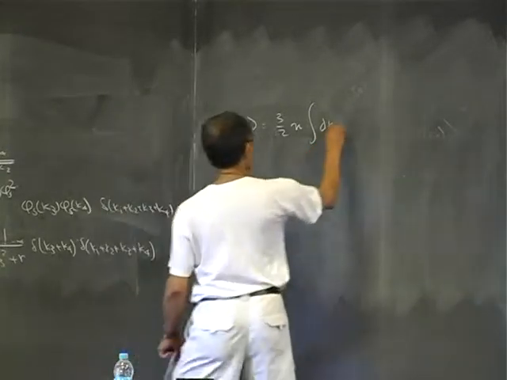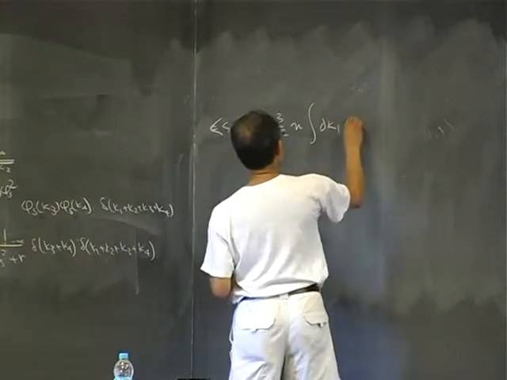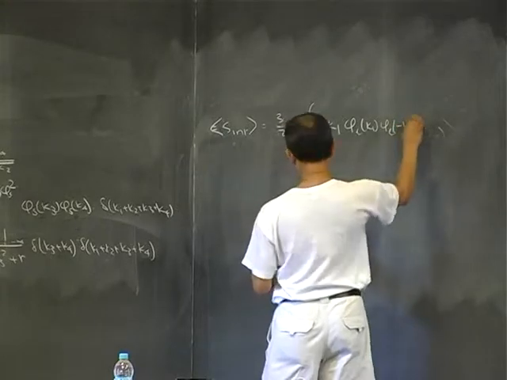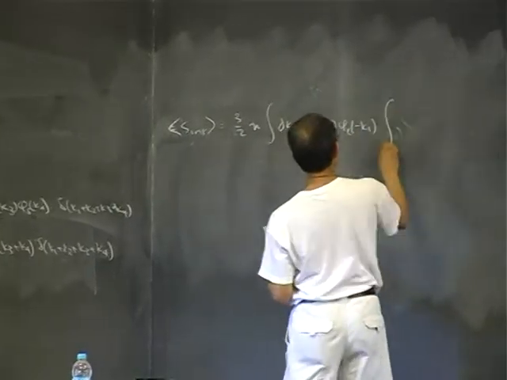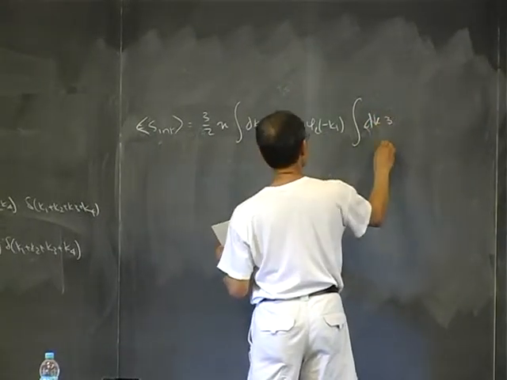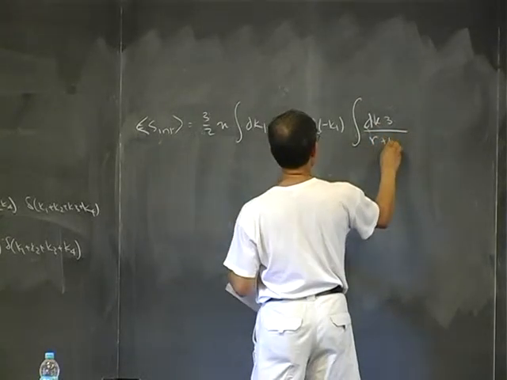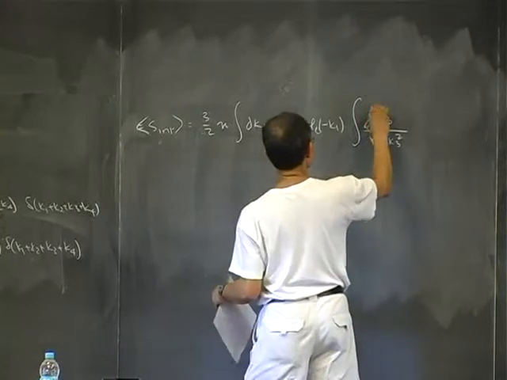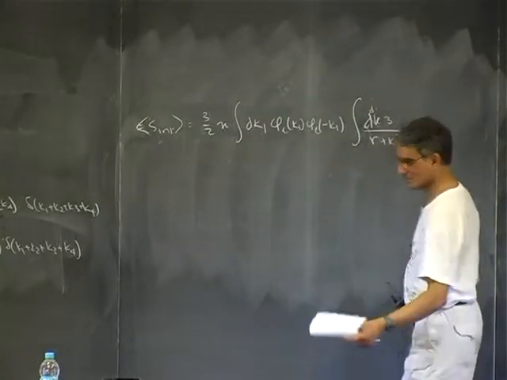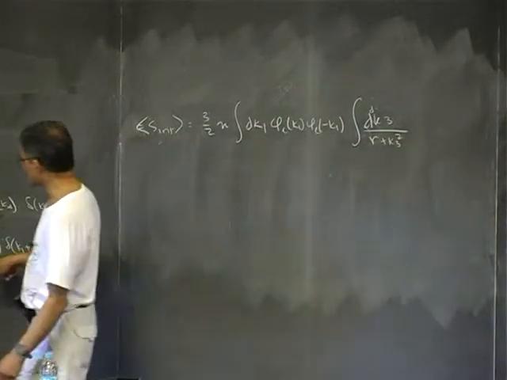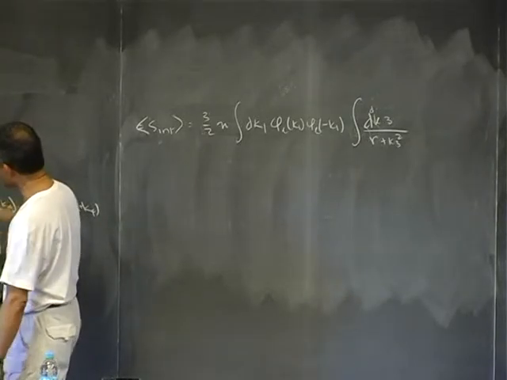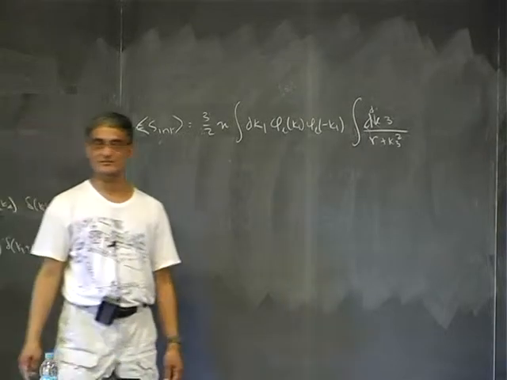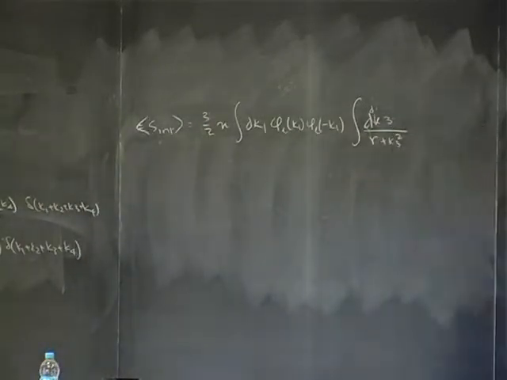So I call one of them K1, and this is phi L K1 phi L minus K1, and then there is an integral over K3 of 1 upon R plus K3 square. This is a d-dimensional integral. This is the remaining integral. I have used K3 equal to minus K4 to get rid of the K4 integral, and you are only left with a very simple integral which looks like this.